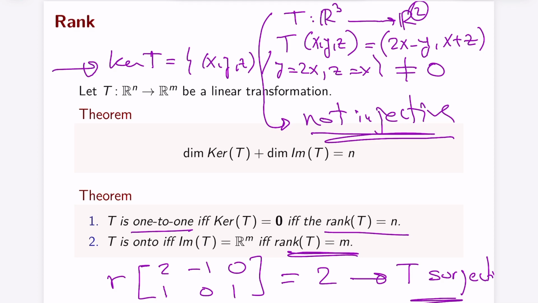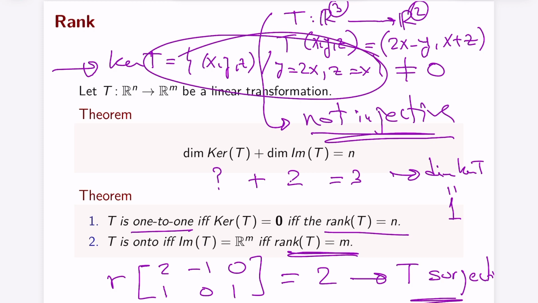Moreover, in this case, the dimension of the image, which is the rank, is equal to 2, and n in our case was 3. So we can see now that the dimension of the kernel has to be 1. We can deduce from here that the dimension of this space is 1. So actually it's a line, right?